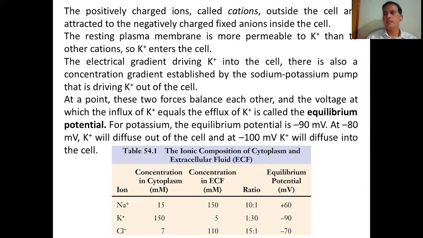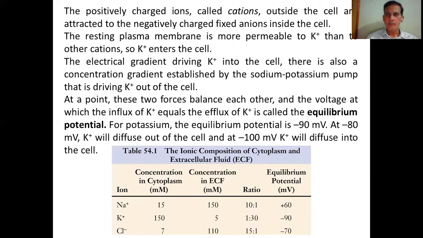So it means the potassium enters the cell. So in that, we now have the activity of the sodium potassium pump. This sodium potassium pump is driven by an electrical gradient. So when there is an excess of potassium inside, it will be driving the potassium out.